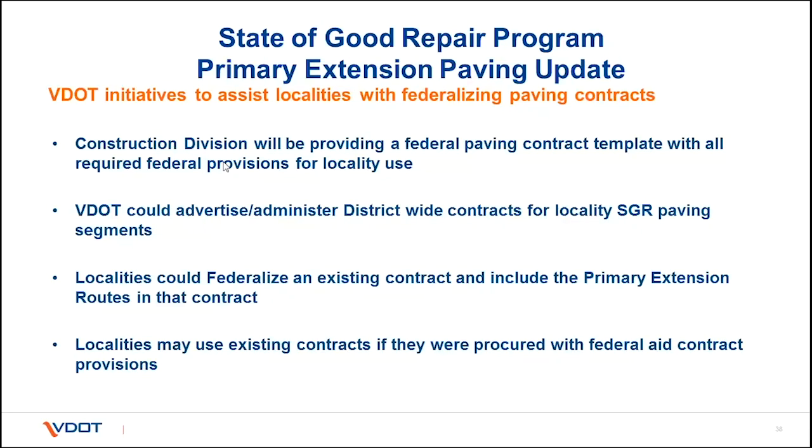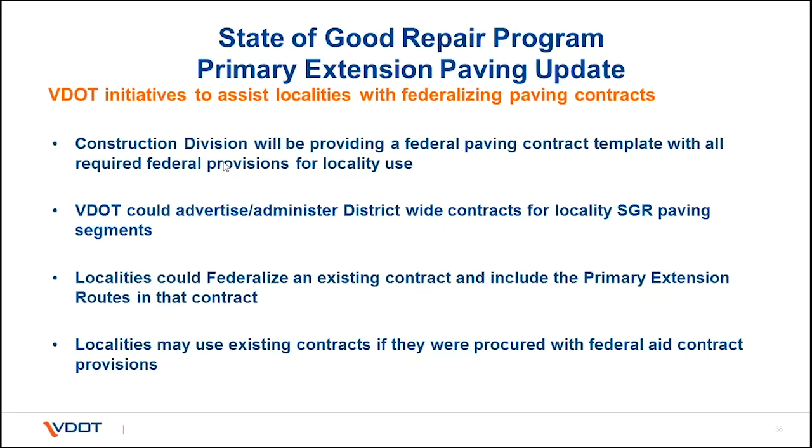The first thing that we came up with was to provide a federal paving template, the Section 100 documents that you'd need to utilize, as we talked about, the Davis-Bacon wage rates and all the federal provisions that are required for a federal aid contract. We are in the process of developing that. It's the same thing that we currently use for almost all of our paving contracts.